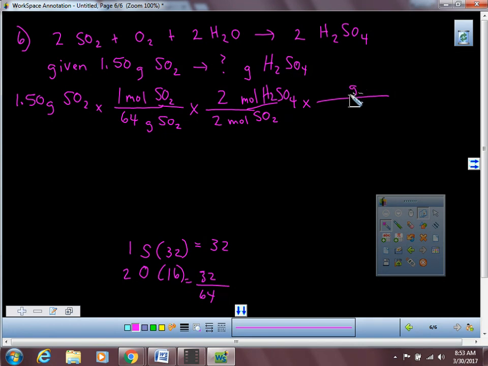And finally, they're asking me about grams of H2SO4. And I know that 1 mole of anything, I can get the mass from where? The periodic table. So I have 2 H's, 1 S, 4 O's. H has a mass of 1, S has a mass of 32, and O has a mass of 16.